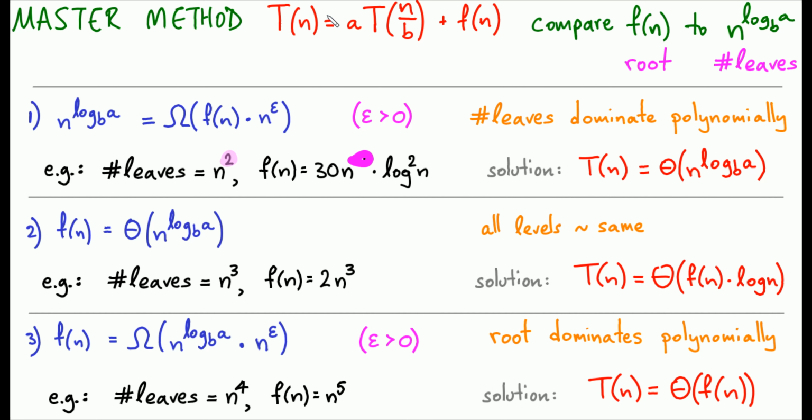For this example, it could be n squared versus n to the power of 1.5. The 1.5 is smaller than 2. Basically, the number of leaves is still dominating polynomially.